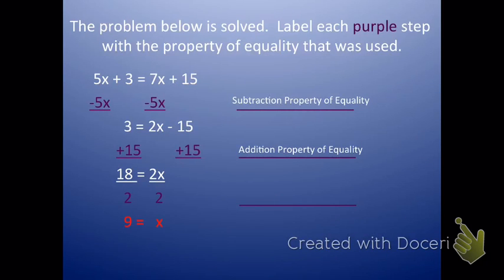And then we are going to divide by 2 on both sides. So the question is, when you divide by 2, what property of equality are you using? You're using the division property of equality. And when you divide both sides by 2, you get the answer of 9 equals x.